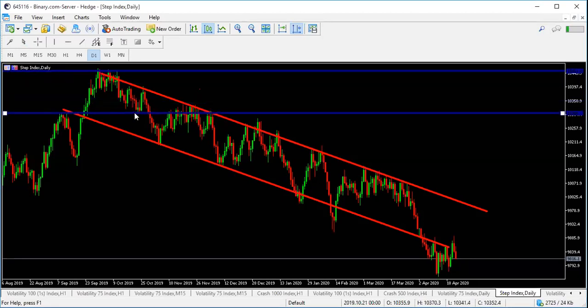Let's look at how many times price rejected this level. It rejected here when it took the market down, reacted here when it took the market up, reacted here when it retested this position, reacted here when it took the market down. So this one is a very crucial area, okay?